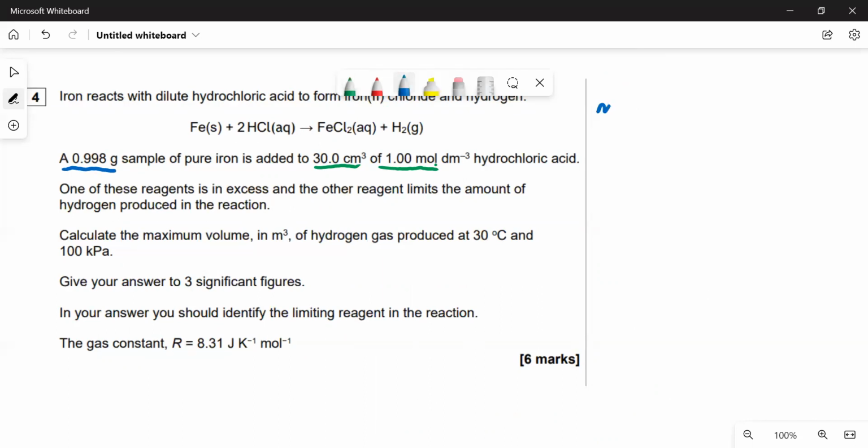The moles of Fe is equal to the mass over the atomic mass of iron. So that is equal to 0.998 over the Ar of iron, which is 55.8. That gives us a value of 0.0178.